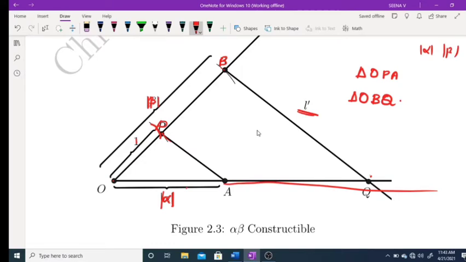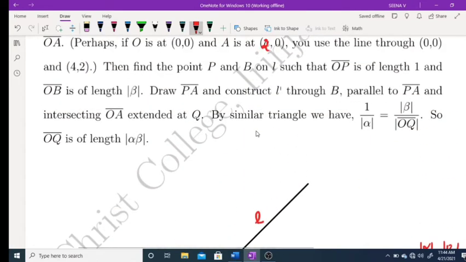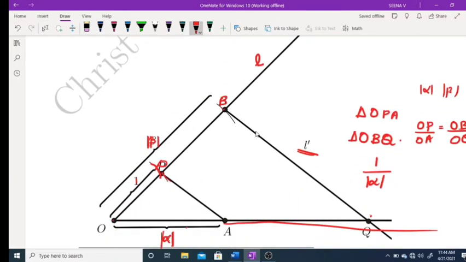Therefore, these are similar triangles. Therefore, you can easily say that OP by OA is equal to OB by OQ. Therefore, 1 by mod alpha is the same as mod beta by mod OQ.